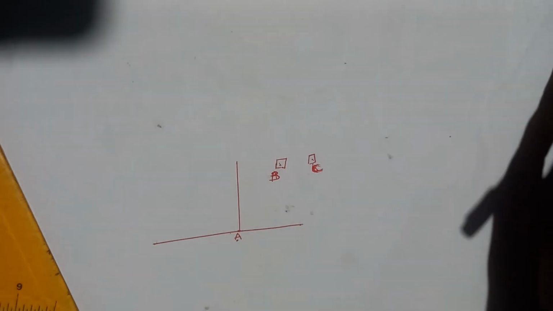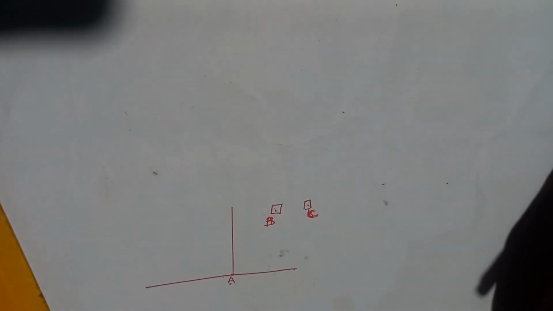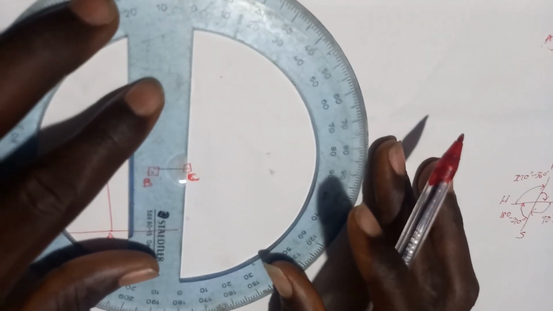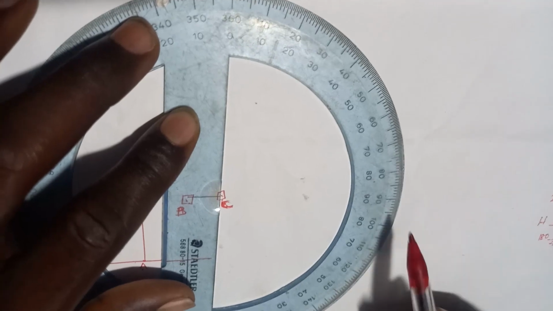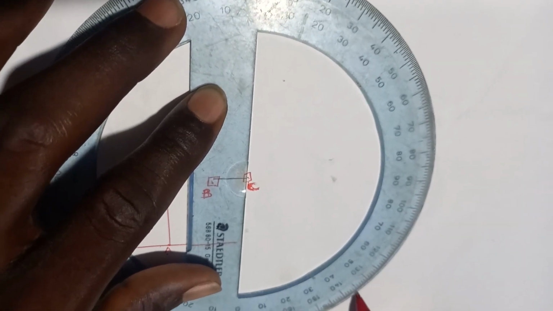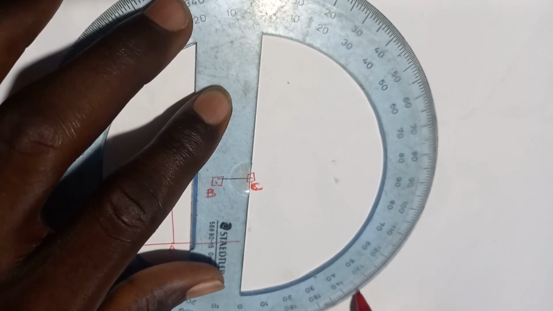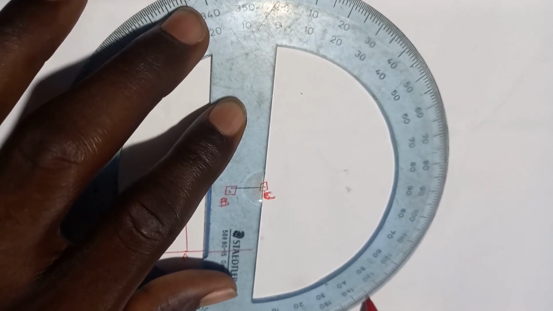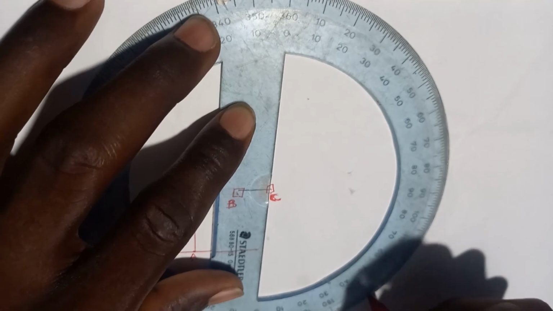Alright, for C to D now, we have 136 degrees 55 minutes. So I'll bring in my protractor here. Then I'm going to measure 136 degrees. So this is 130, 135, and this is 136 degrees here, 35 minutes. So it's somewhere here.